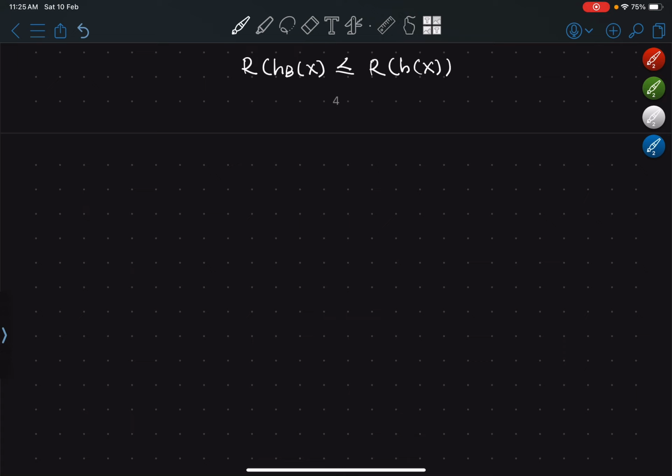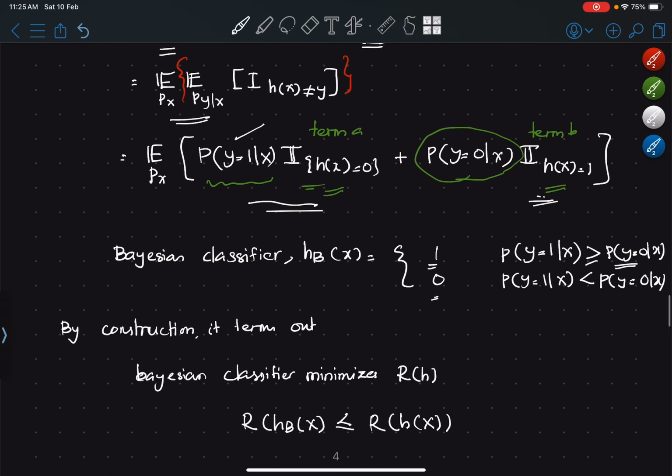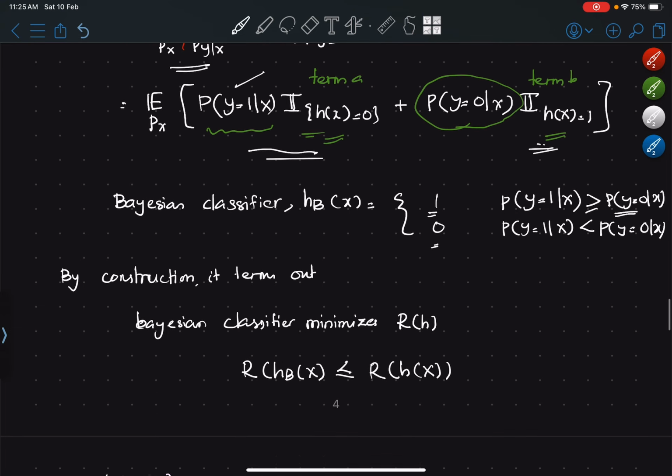So what we need to find is p of y equal to 1 given x. By Bayes rule, we can write it as p of x given y into p of y divided by p of x. We want to find how the Bayes classifier is defined.